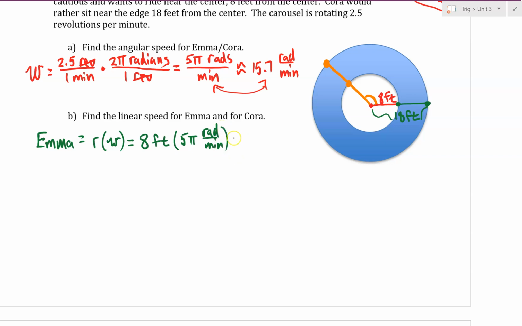And we're going to get an answer here that's going to say 40 pi, and this is going to be feet per minute.